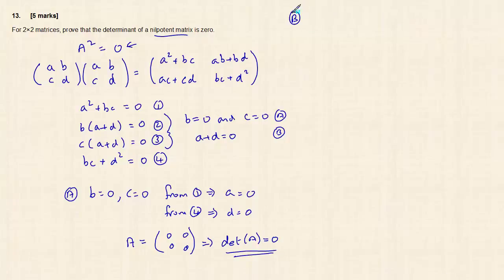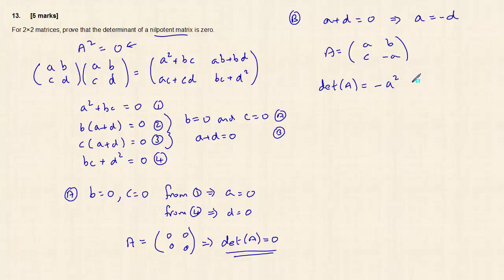Now let's examine case B. So A plus D is equal to 0 means that A is equal to negative D. So our matrix A, B, C, D could be written as A, B, C, minus A. And the determinant would be minus A squared minus BC, which is negative (A squared plus BC), which is equal to 0 by equation 1.